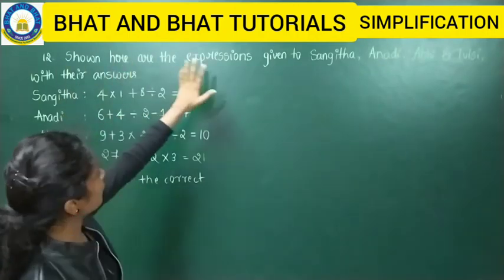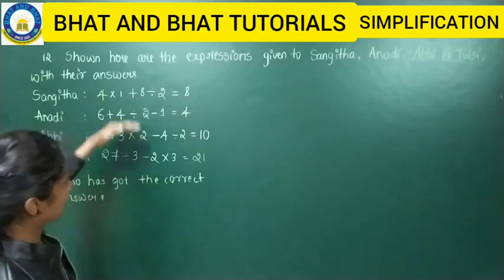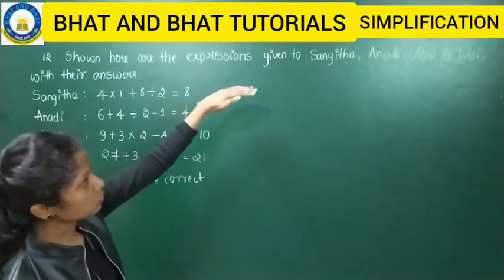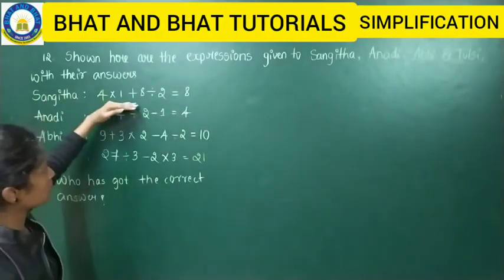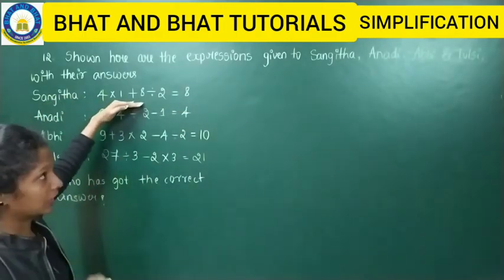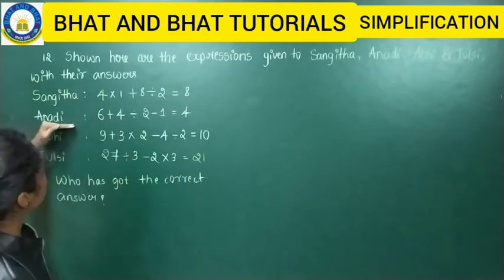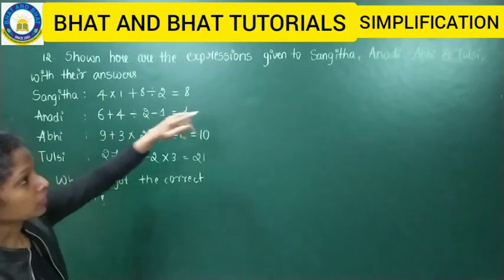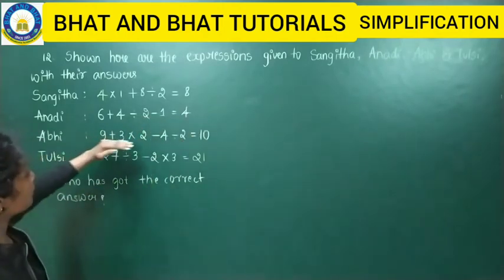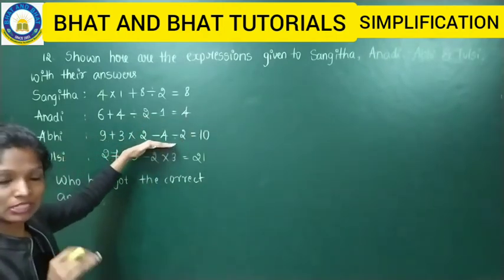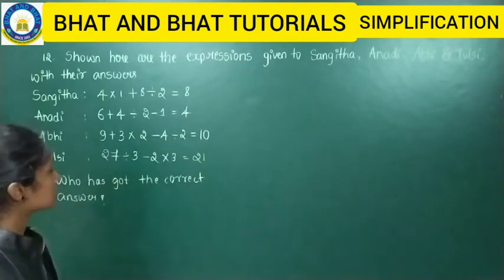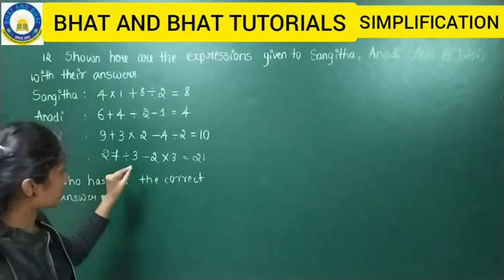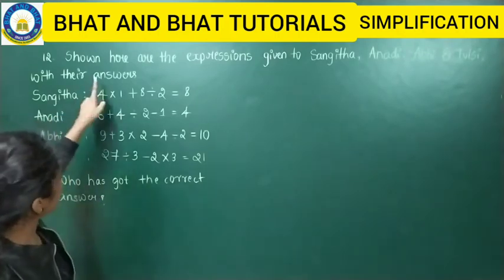So shown here are the expressions. Whatever they had shown here, these are some expressions given to Sangeeta. One expression has been given to Sangeeta separately. Next is Anadi, for whom they have also given one numerical expression separately. Third is Abhi, and the last is Tulasi, each with one numerical expression given separately, with their answers.